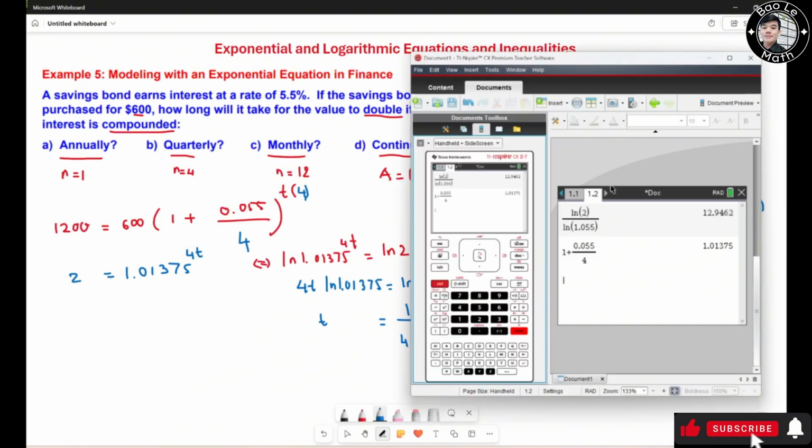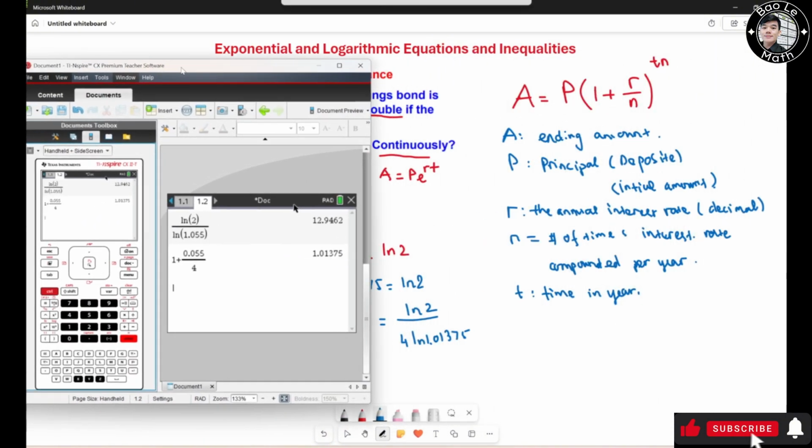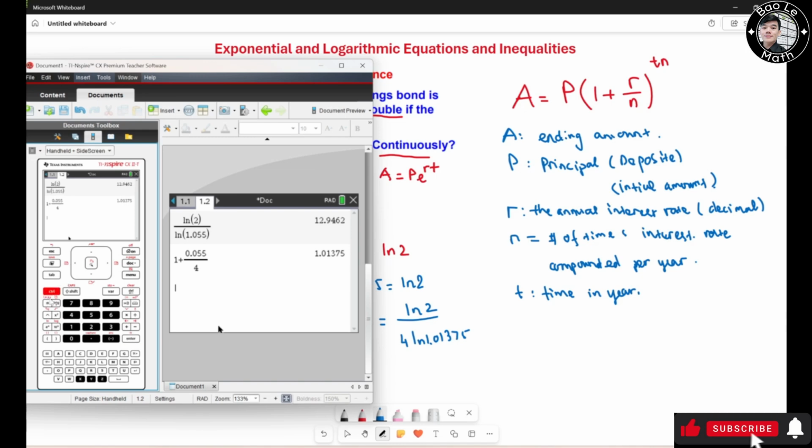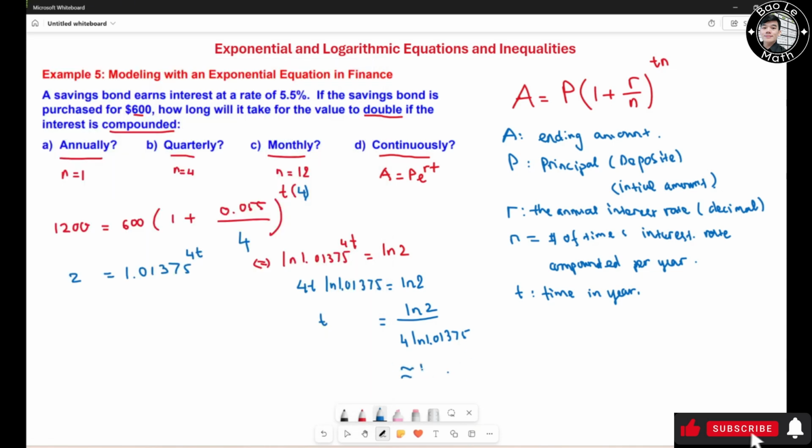And then we bring up the calculator. It's going to be natural log of 2 divided by parentheses 4 times natural log of 1.01375 close parentheses. Hit enter. So the answer is 12.69, so it could be approximately 12.69 years.